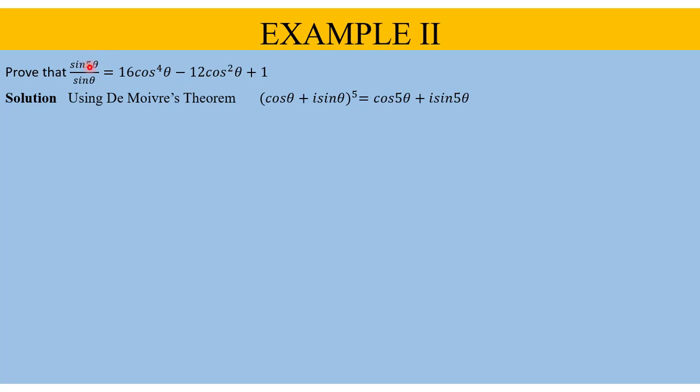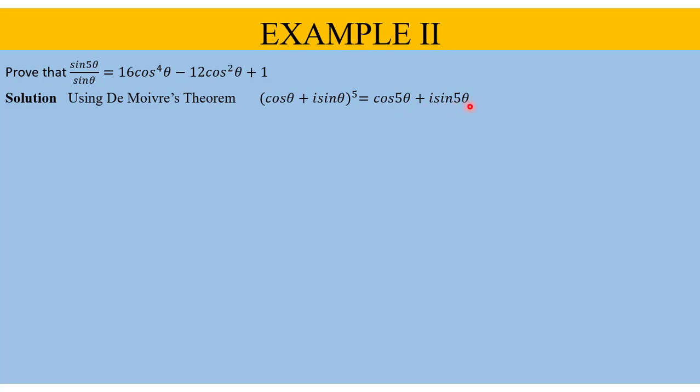So still the power, we can identify the power from the required proof. So meaning that we shall have to consider cos theta plus i sin theta power of 5, which is equal to cos 5 theta plus i sin 5 theta.